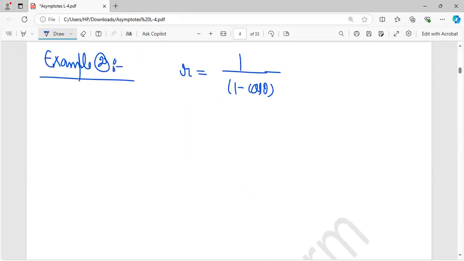Usually we take the value of theta between 0 to 2 pi for no repetition. But if we rotate theta beyond this, we will get the same values. But whenever this type of question comes, we will consider theta throughout the real line. Okay, throughout the real line.